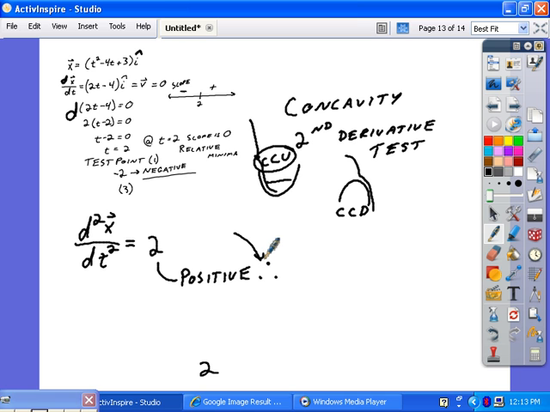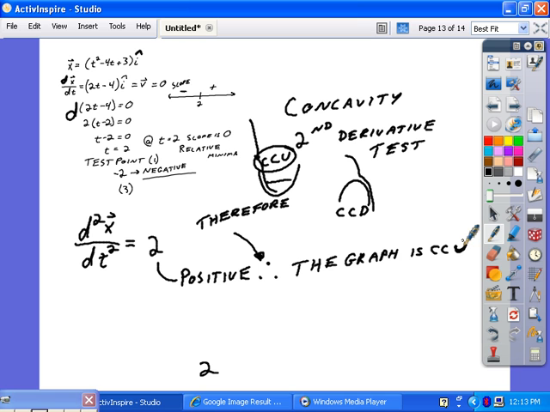Those 3 dots in that symbol right there symbolizes therefore. Therefore, the graph is concave up.